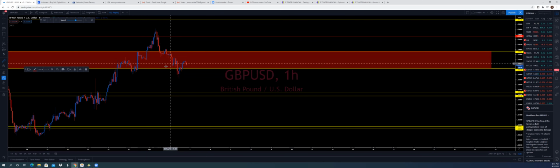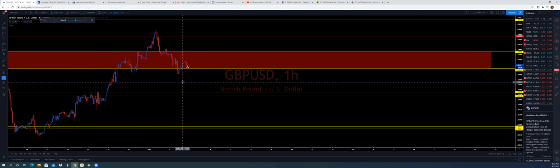However, if the dollar pulls back, then we can see GBP USD hold this level, then possibly come back up and retest here or retest here, and then come back down. Well, like I said, we don't make predictions. We just let the market tell us what it wants to do, and we just catch the ride.